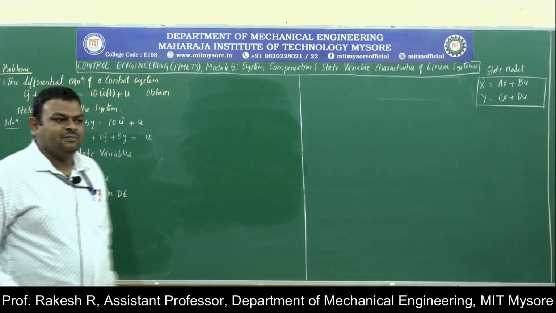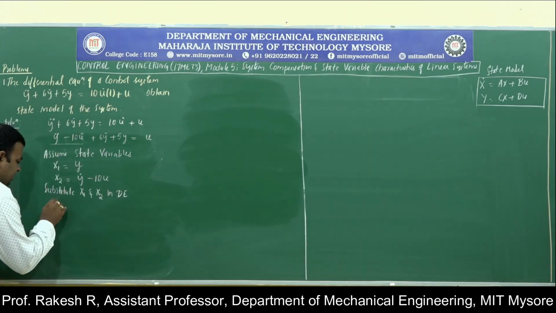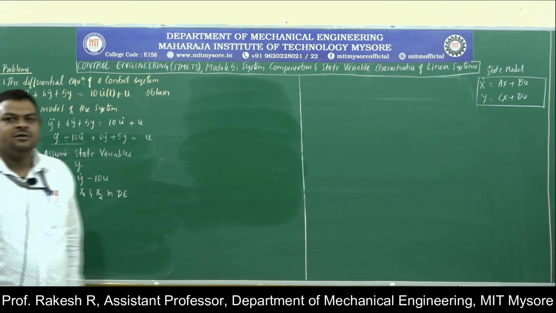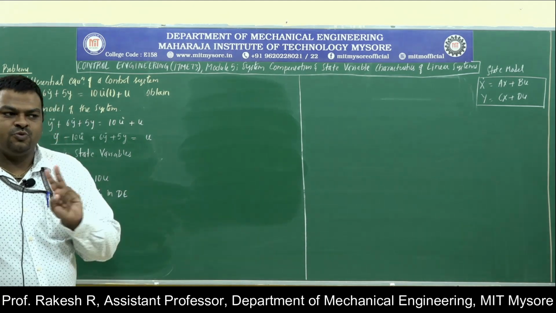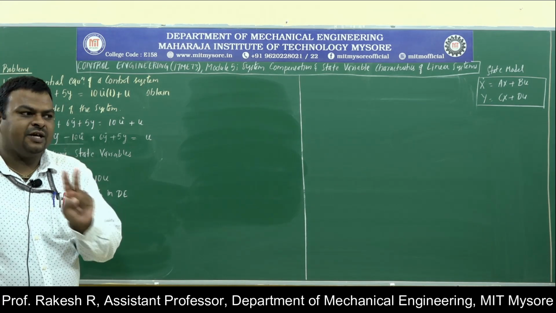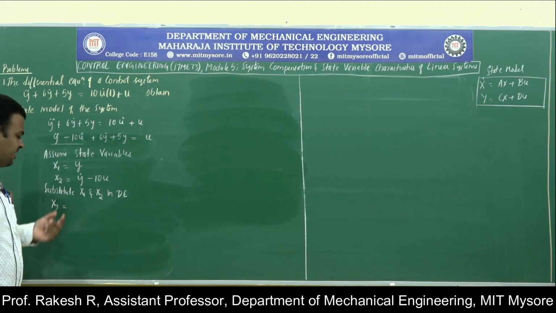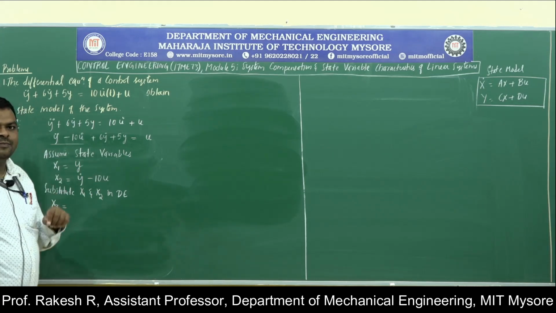It is wrong. If you consider x3 equal to y double dot, then it is wrong, because the order of the differential equation is 2. You have only 2 state variables. There is no scope for adding x3. That is a very important thing.